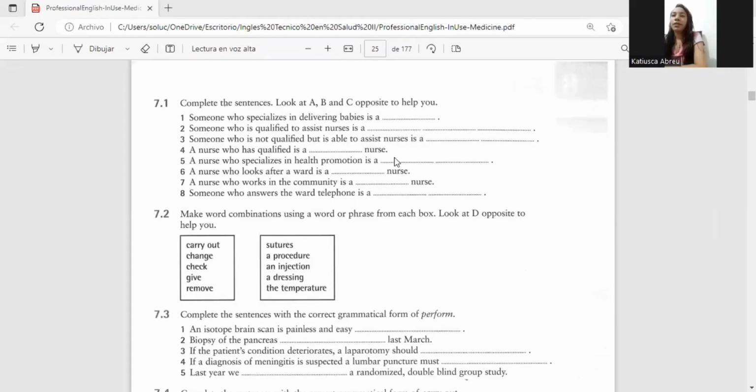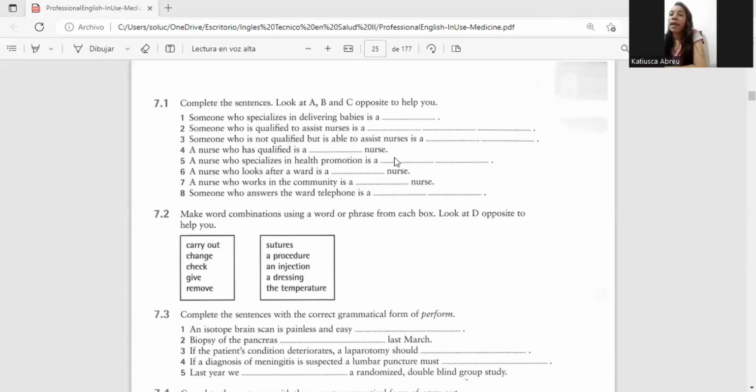Unit 7, Nurses. Exercise 1. Complete the sentences. Example. Someone who specializes in delivering babies is a midwife. A nurse who has qualified is a staff nurse. Exercise 2. Make word combinations using a word or phrase from each box.